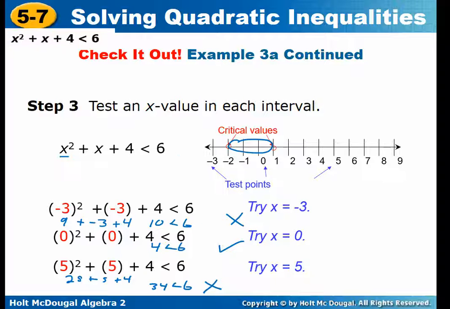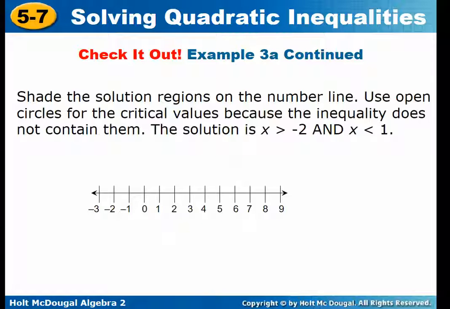Now this is less than, so when we write this, our solution is between negative 2, so I'll use an open circle at negative 2 and an open circle at 1, and I want all of the values between there, which will be my solution. So you would write it like this in your words. That's your solution, and you can make a number line graph.